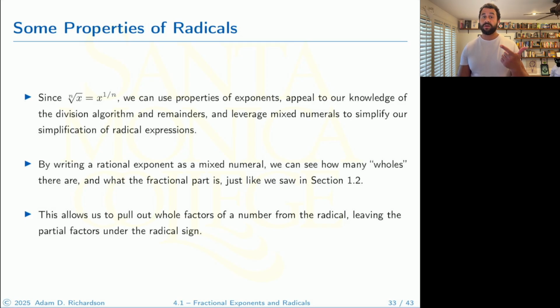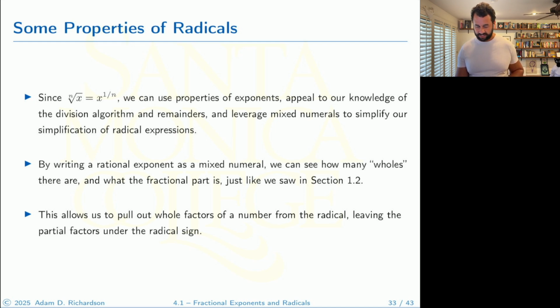We can appeal to our knowledge of the division algorithm and remainders, and we can leverage mixed numerals to simplify our simplification. That might sound kind of funny, but you're going to be surprised at just how much that division algorithm and working with fractions can make things way easier. Just being comfortable with remainders and whole parts and fractional parts, that makes things really easy in a lot of different mathematical contexts.